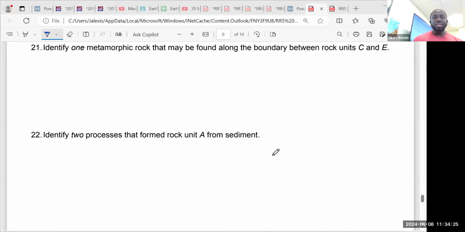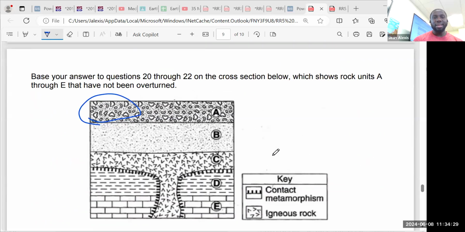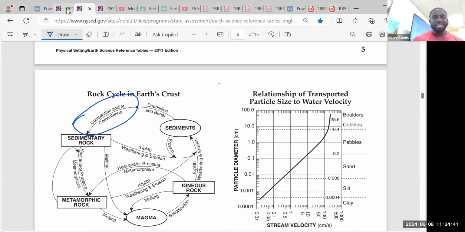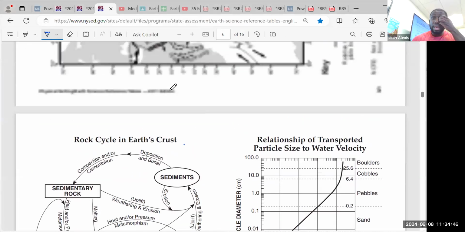So I gotta look at rock unit A. And what is rock unit A? Conglomerate. How do I know that it's conglomerate? Page 7 of the reference tables. Where we at?